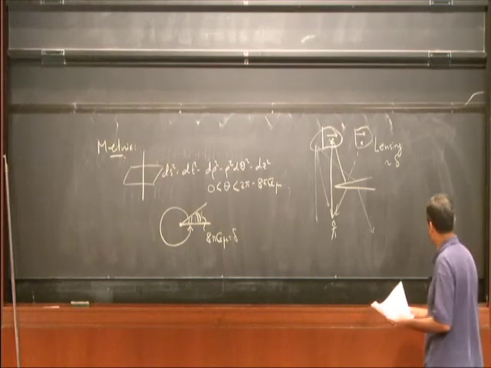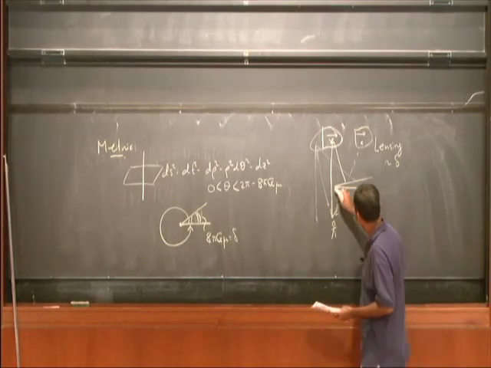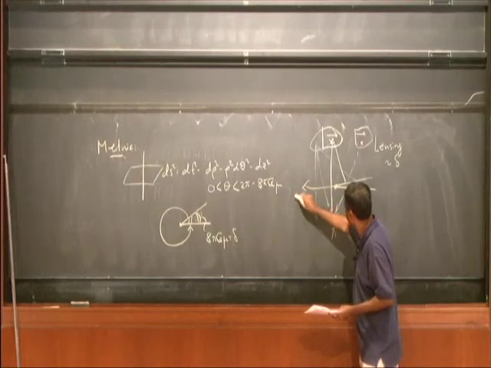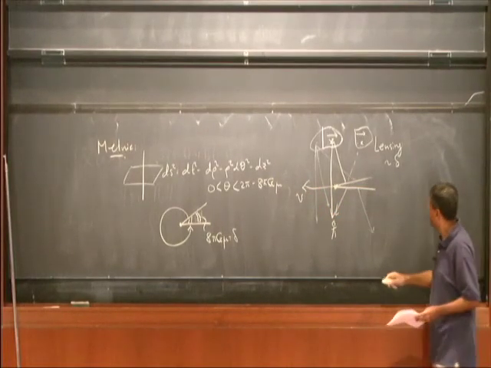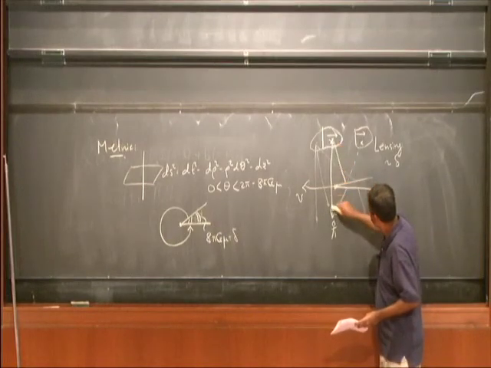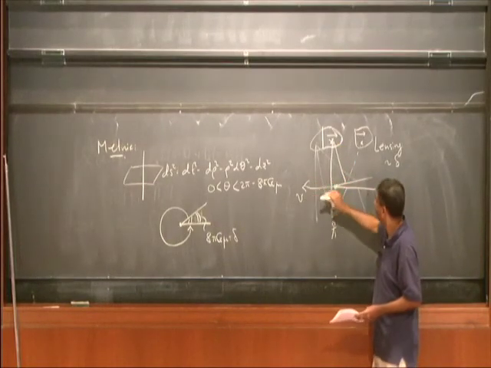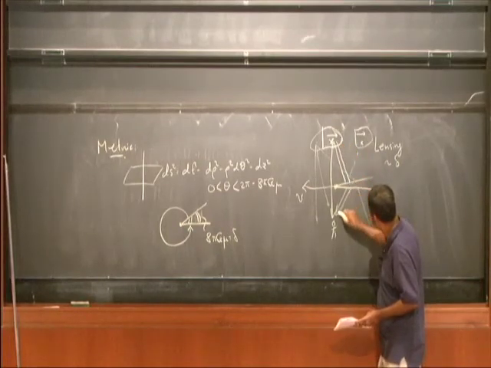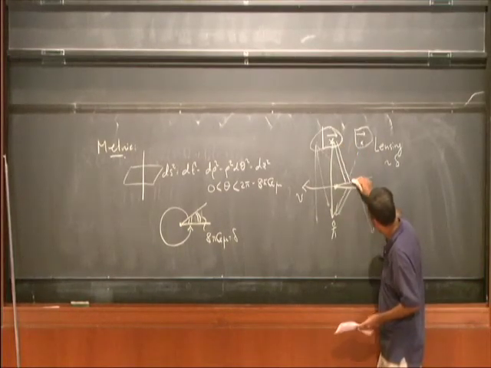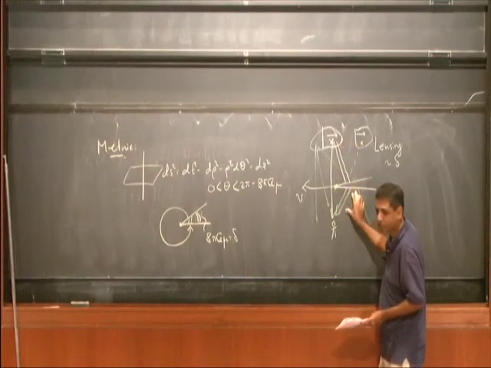The other thing is that let's say the string was moving with a certain velocity v. Then of course this distance is not changing because this is just flat, but this distance is changing because now after time dt, this has to go through a shorter path.